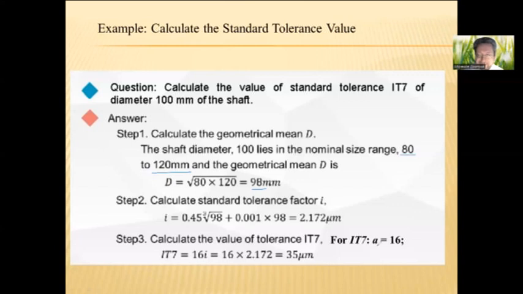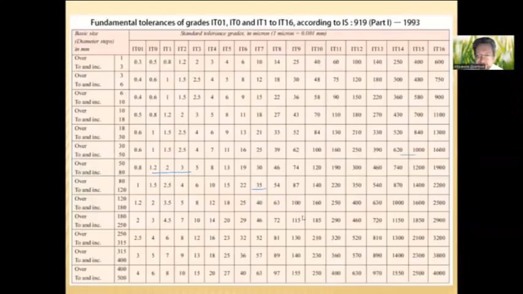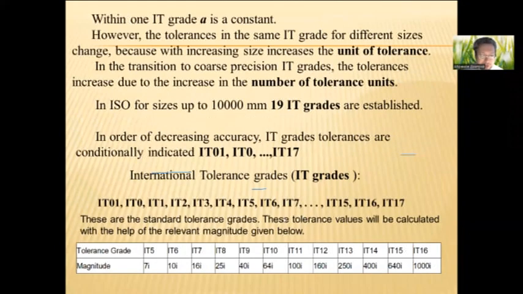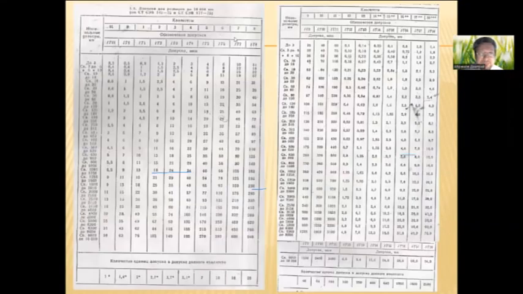For IT7, A is equal to 16. Let's look at our table in previous slides. IT grade 7. Here you are, and A is equal to 16.